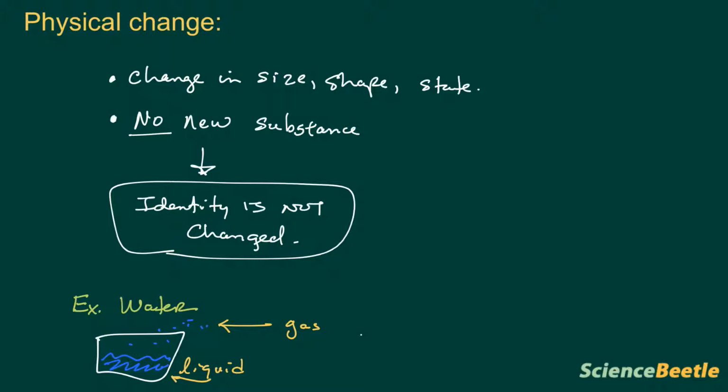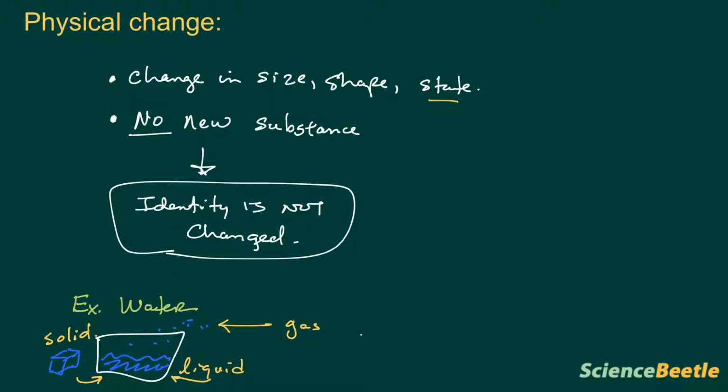Now, if we started a little bit further back and put in ice cubes, then we would go from a solid to a liquid to a gas. And so this moving from solid to liquid to gas is a change in state.